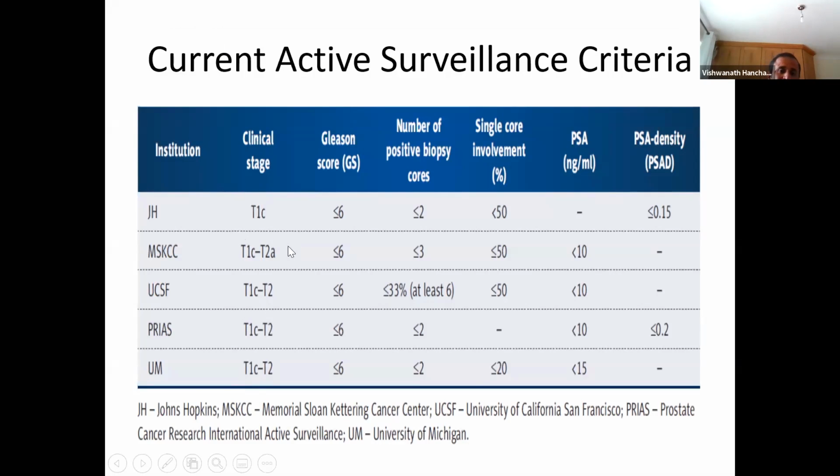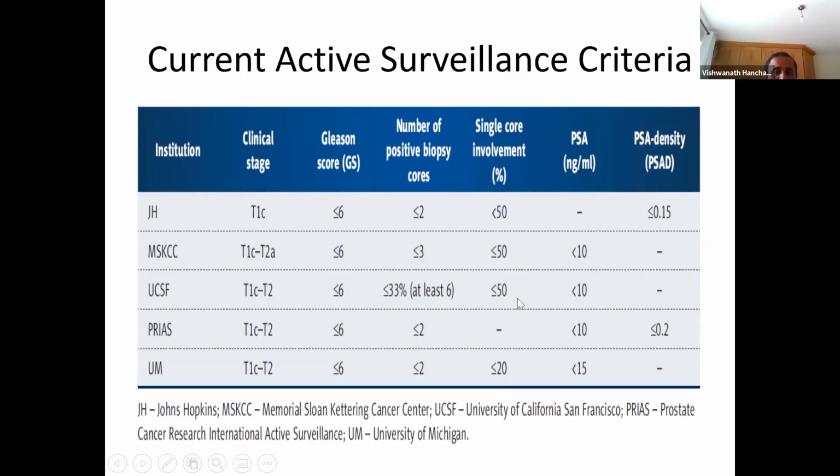MSKCC and NICE usually use up to T2a. Gleason 6 or less is a standard agreement. There has been some discussion about very low volume Gleason 3+4 to be included, and at our center we routinely offer surveillance for even Gleason 3+4, but in very selected patients.